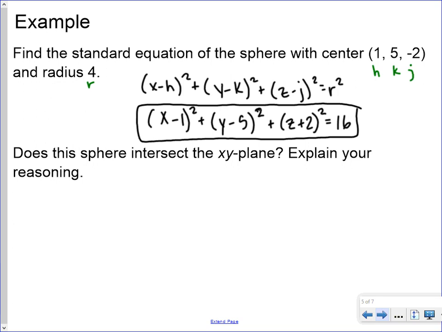There is a question here which asks, does the sphere intersect the xy plane? So now you've got to think about this visually. Does the sphere intersect the xy plane? I'll give you a moment to think about it on your own.